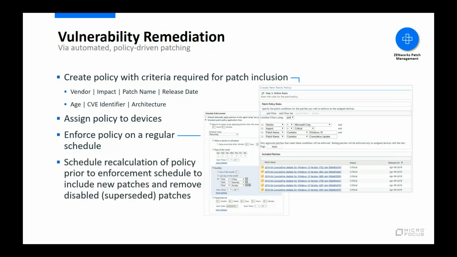To maintain the policy's consistency during the patching maintenance window, no new patches are added and no old or superseded patches are removed until the policy is recalculated. And since you schedule when recalculations take place, you are able to refresh policies on a schedule that supports your patch enforcement window. Of course, once a policy is applied and patches are installed, the patch status is uploaded so that you can view it in ZENworks Control Center.